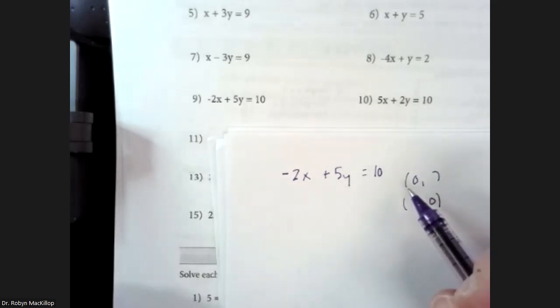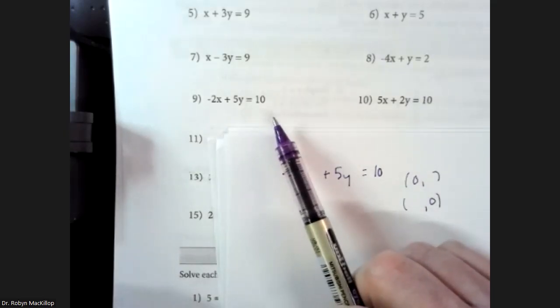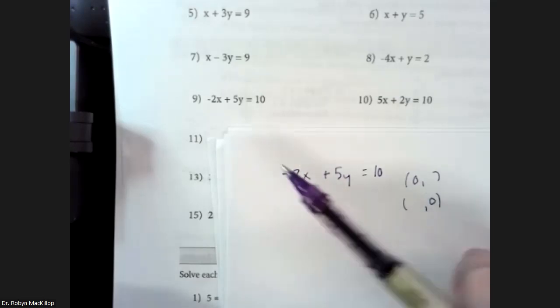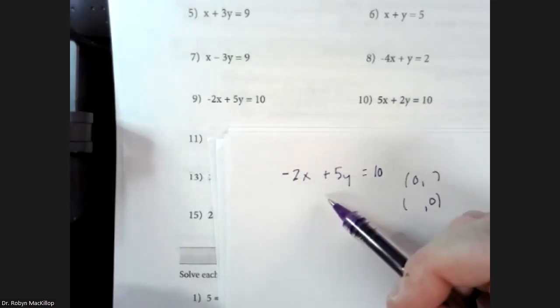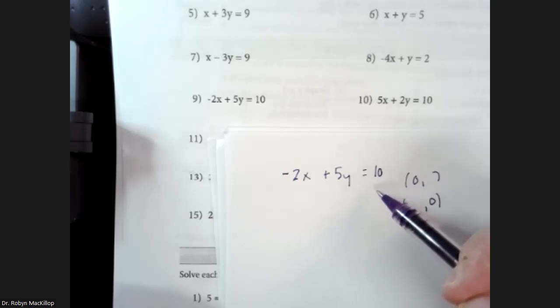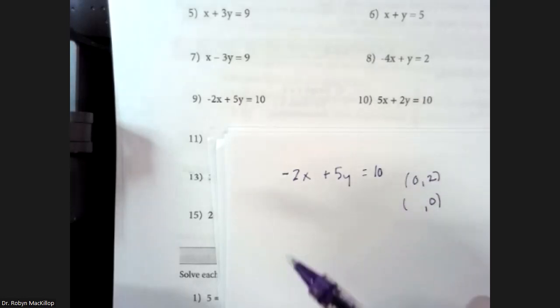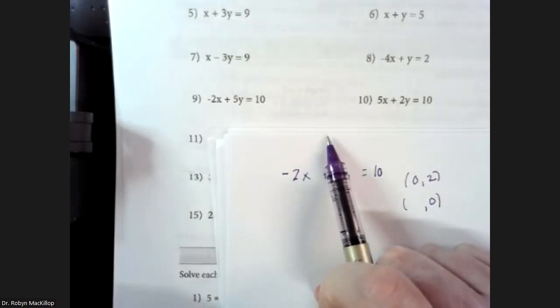All right, so we're going to zero out x first. As soon as that's 0, we've got 5y equals 10. And if we divide both sides by 5, what are we going to get? Y equals 10 divided by 5, which is 2. Perfect. Then we're going to come back and zero out the y, which makes that disappear.